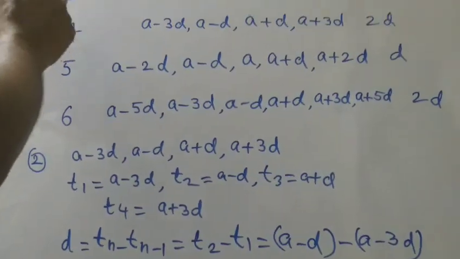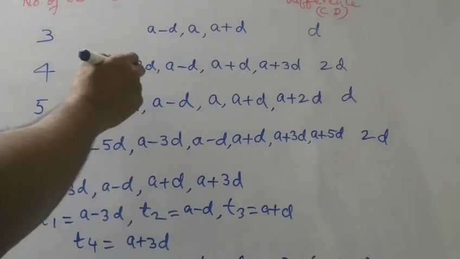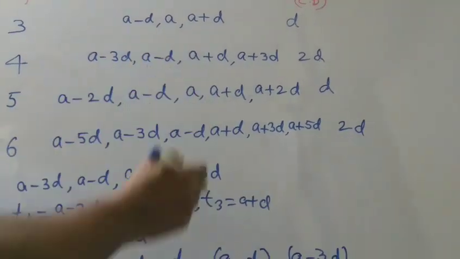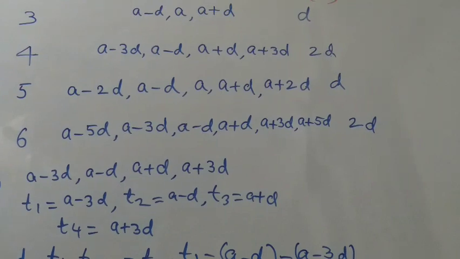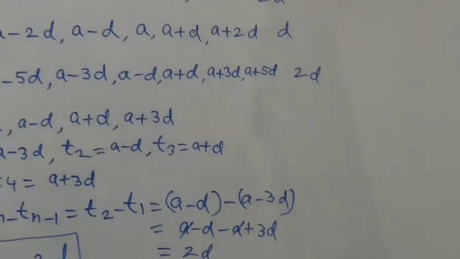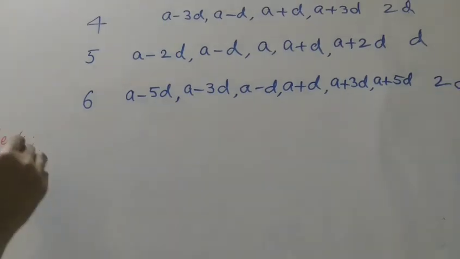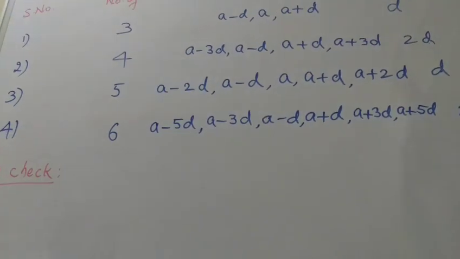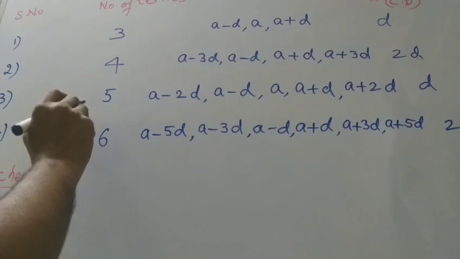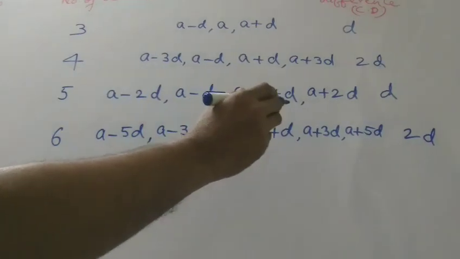For 4 terms, the common difference is 2d, confirmed just now. Now we are going to do the third one. Next we have to confirm that for 5 terms the common difference is d.